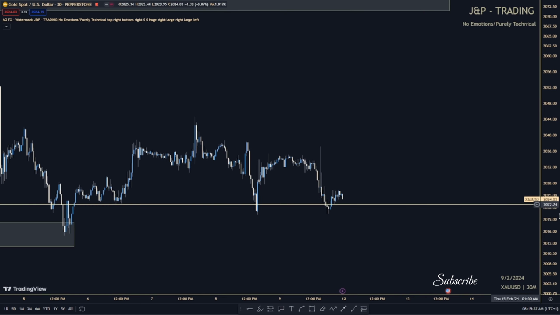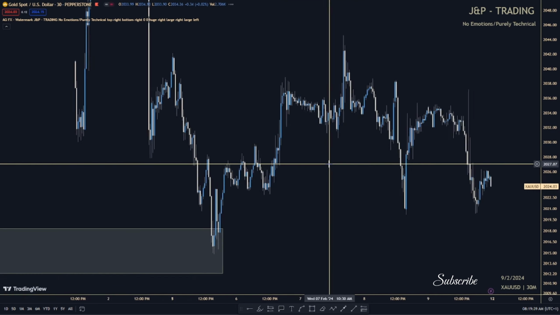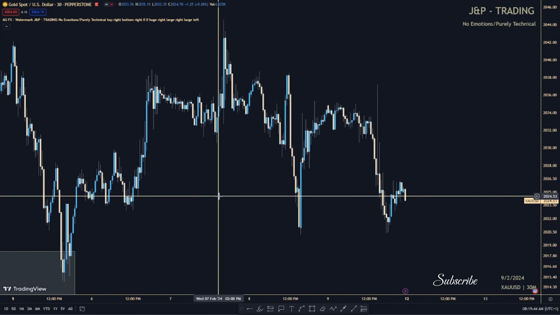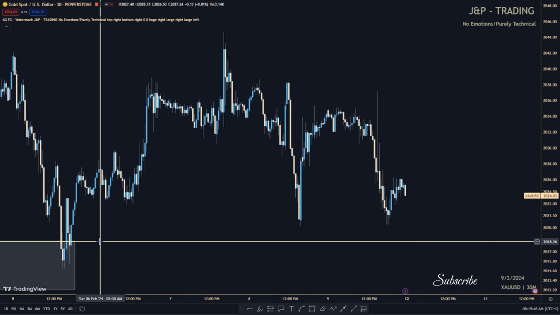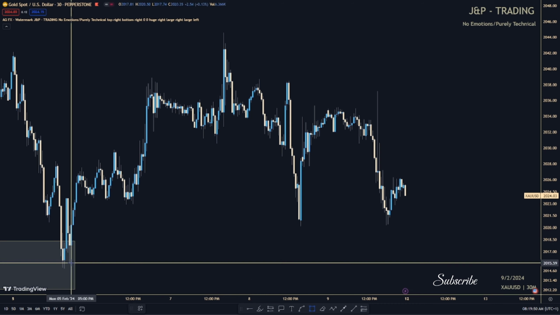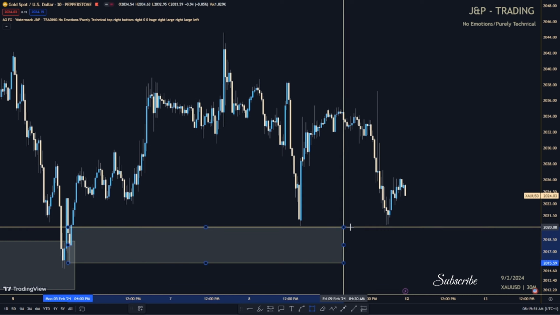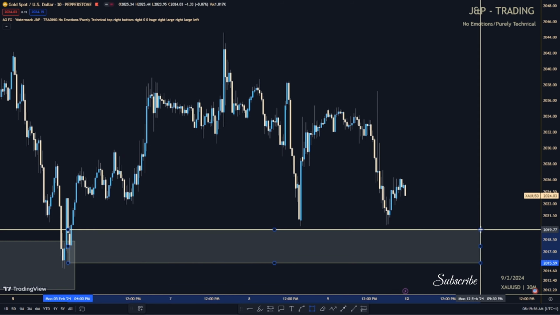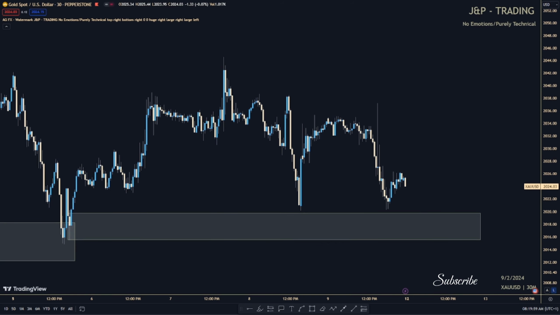When you go down to your M15, you see a clearer move of the market. On this M15, we can see the market has mitigated a demand zone, which is this demand down here. All right, not quite that mitigated.